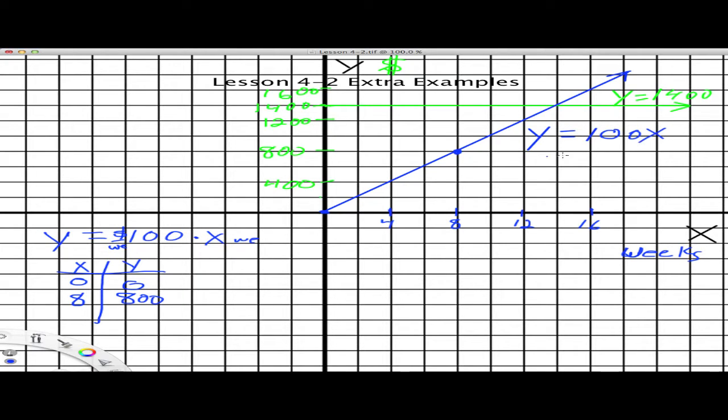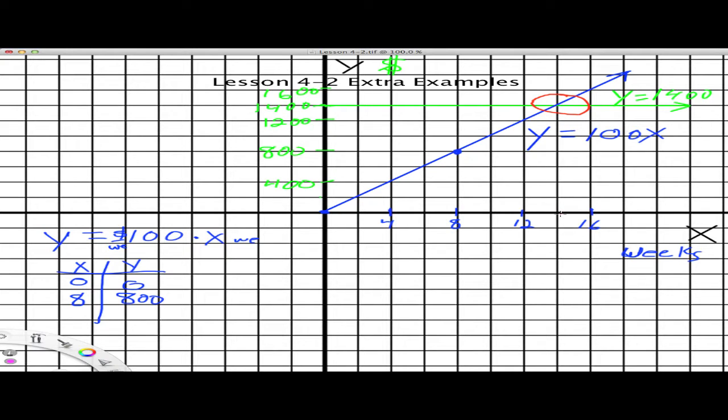Now what we're interested in all of this is the intersection of the two. We want to know when his spending line crosses his available money line. He has 1,400, which is right here. Then what is the number of weeks down here?